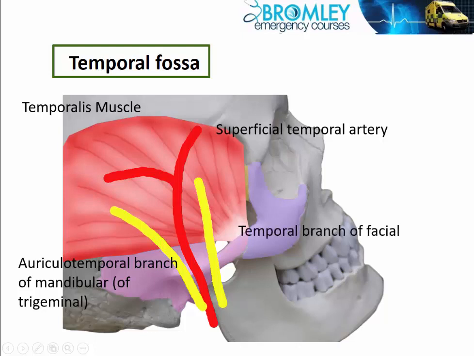And then we've got here a motor nerve, the temporal branch of the facial that we talked about earlier, that supplies the temporalis muscle. So those are some structures around the temporal fossa that can be injured on a blow on the side of the head, particularly if they get trapped against the zygomatic arch. So that's the temporal fossa.